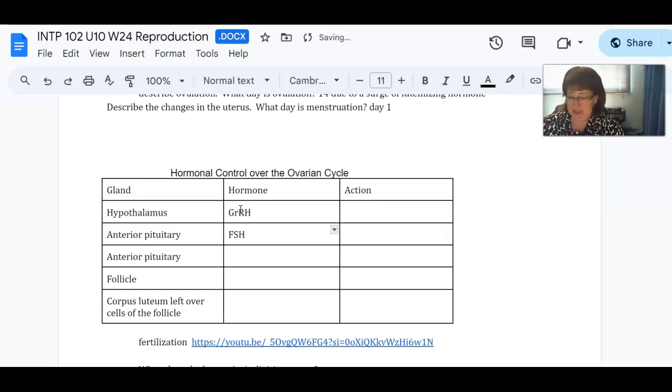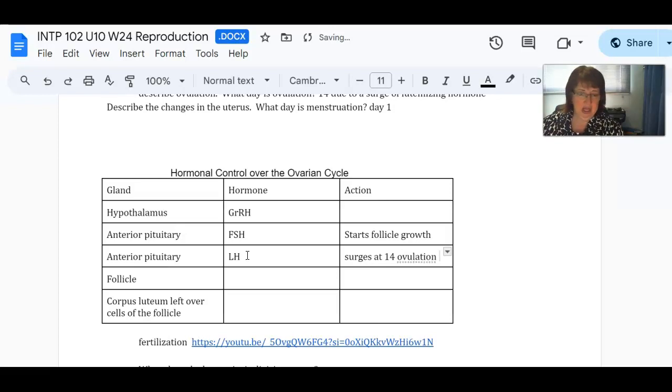Follicle stimulating hormone starts the follicle to grow. Then the second hormone is luteinizing hormone, and luteinizing hormone surges at day 14 and causes ovulation.